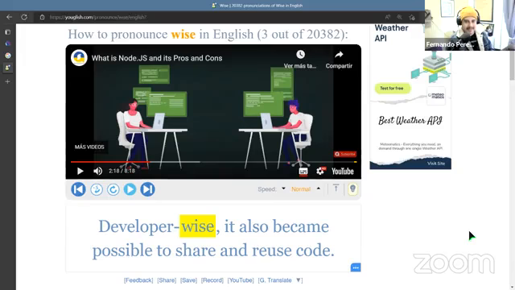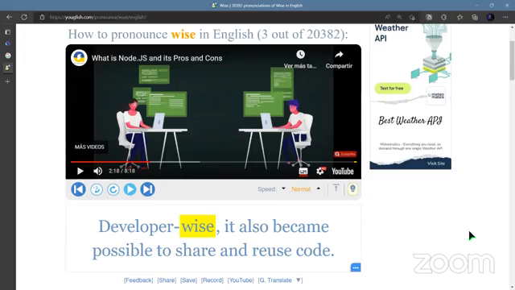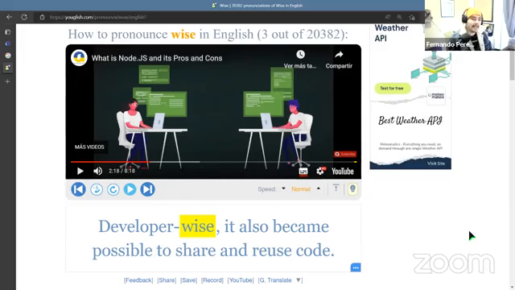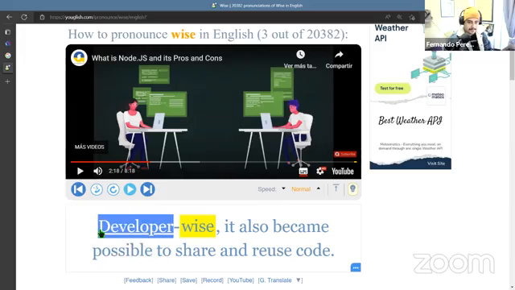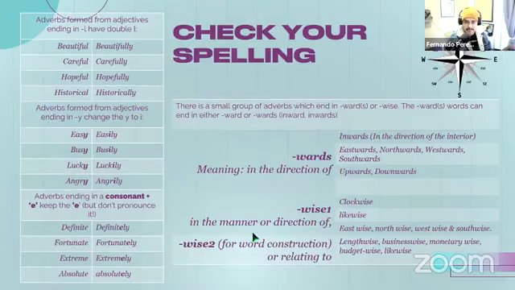So it also became possible to share and reuse code. Yes. It was possible: you can copy a code and then pass it to another person. You can pass it to another developer. That's why we are using the definition here of relating to.